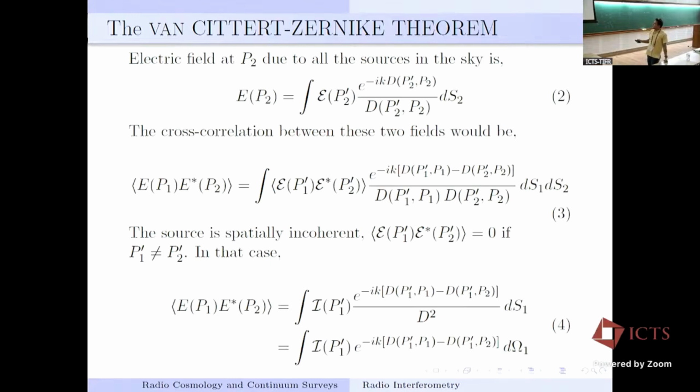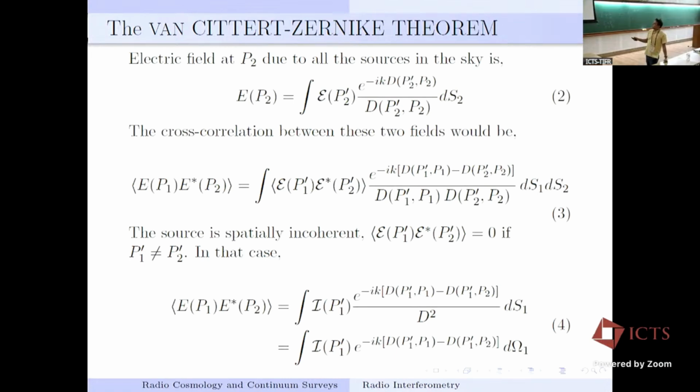Then I will have this kind of thing: E of P1 prime from the electric field at P1, and this E star of P2 prime, because these voltages are complex. They are oscillating, right? So complex multiplication means you have to take a star, it's nothing fancy.